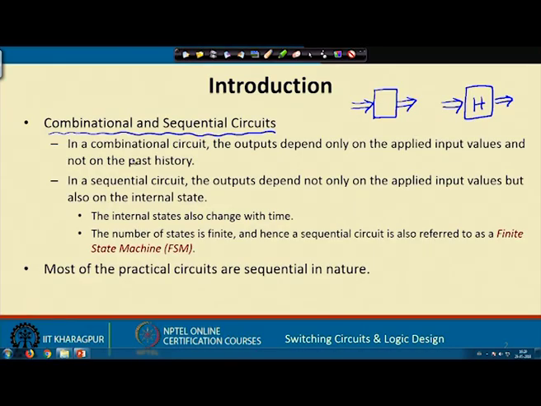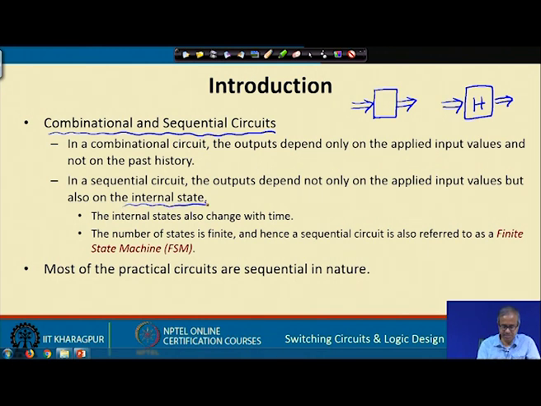We mentioned very briefly earlier that the flip flops that we have studied help in maintaining or remembering the state of such a sequential circuit, or a sequential machine as we sometimes call it. Okay. So, whatever we have said is mentioned here. In a combinational circuit, the outputs depend only on the applied inputs, but in a sequential circuit, the outputs depend on the applied inputs and also on the internal state.